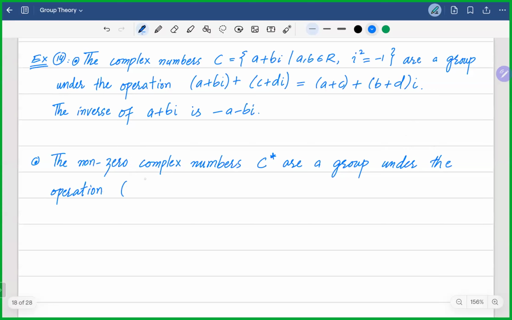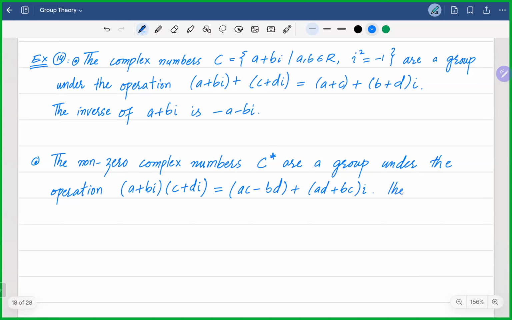Operation that a plus b iota multiply c plus d iota can be written as ac minus bd plus ad plus bc iota.